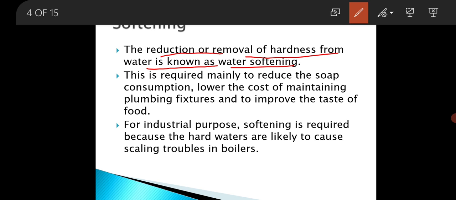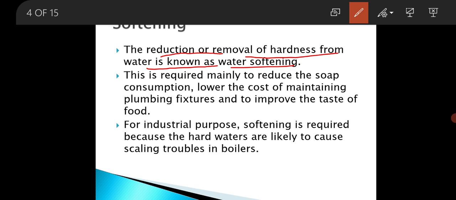softening. And it is not always essential to soften the raw public supply to make the water safe for public use, because the normally prevalent hardness in raw water is not so high that it will cause any major harm to human health.